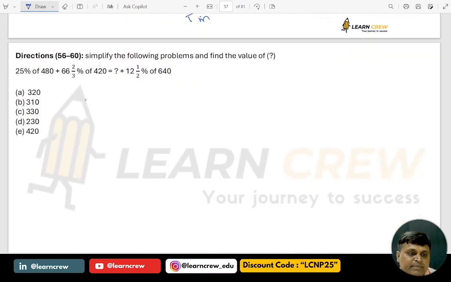Now 250 percentage of 480. So find the exact value you need to require. 25% of 480 is 120, plus 2/3 of 420 is 280, which is x plus 1/8 of 640 is 80.